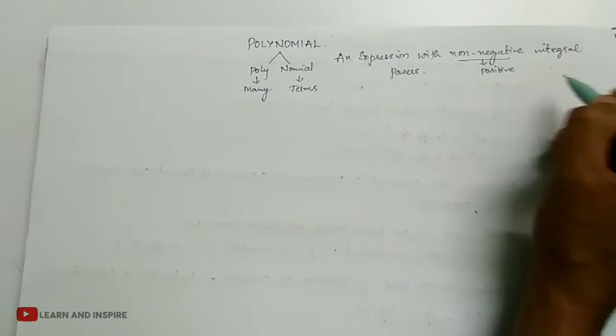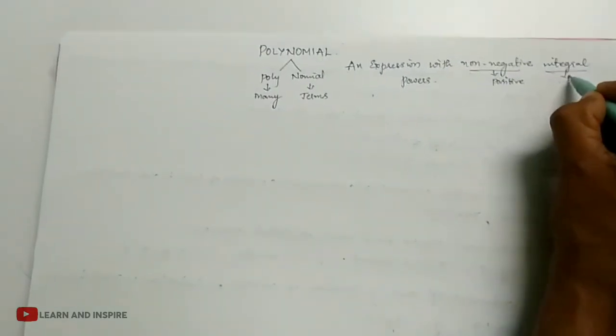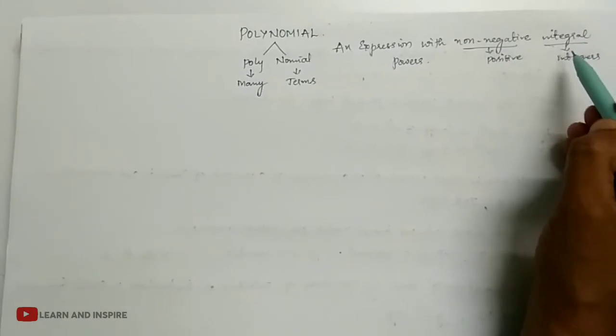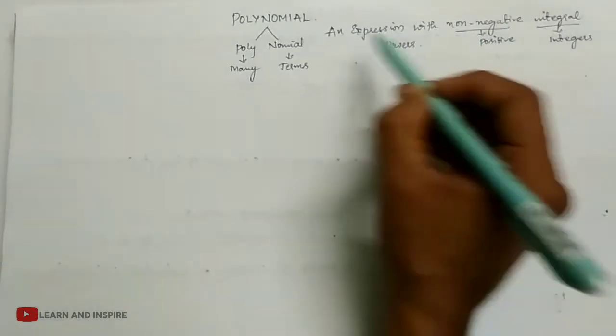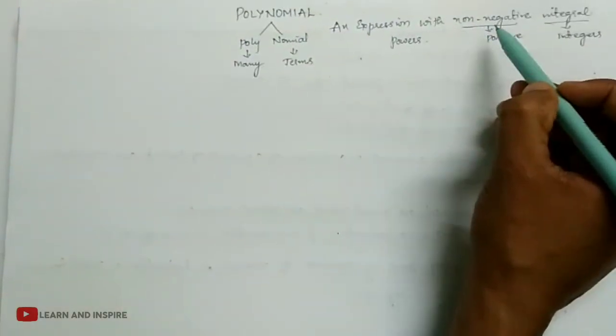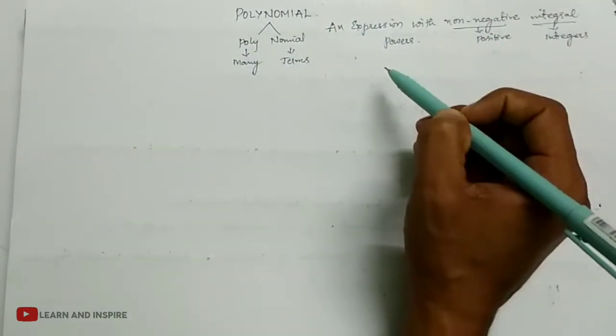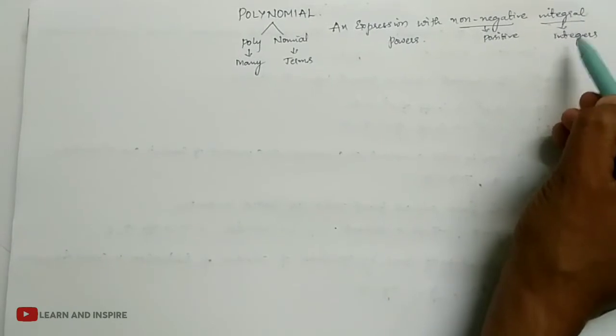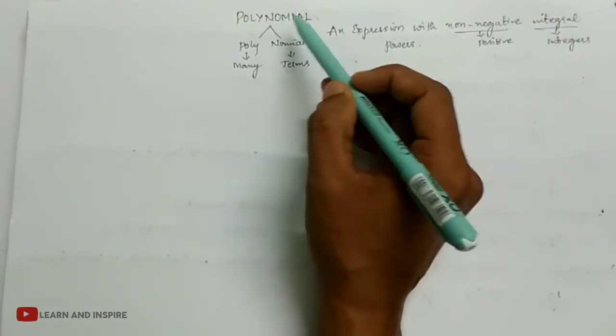Non-negative is nothing but positive. Integral means integers. So that means an expression with positive integer powers. The power should be a positive integer, then only we can say that it is a polynomial.